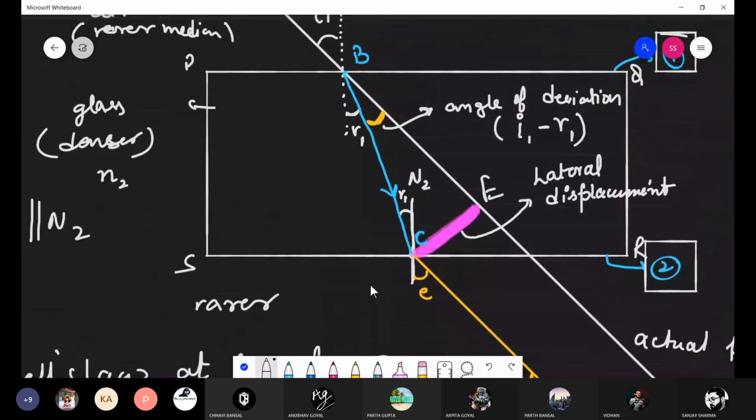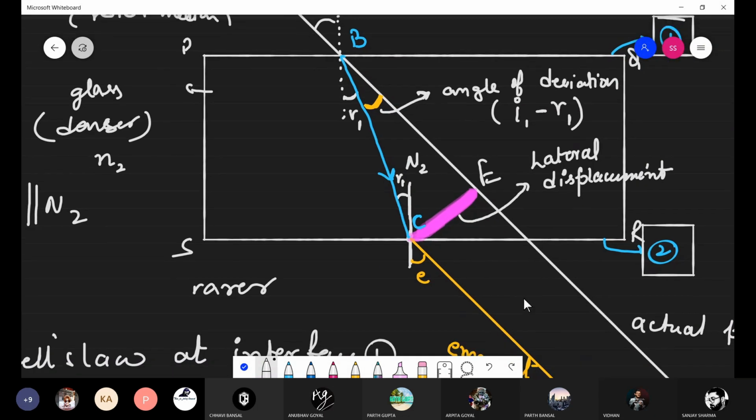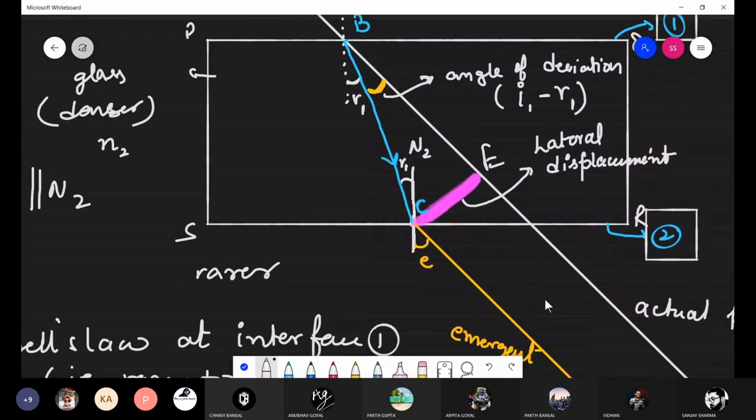Does this BC ray act as the incident ray or not? Yes, sir. Is this point clear to everyone? This BC ray acts as the incident ray for interface number 2, while the CD ray acts as the refracted ray for interface number 2.